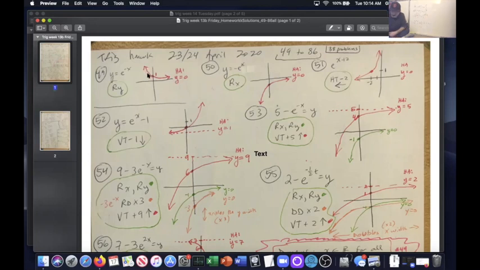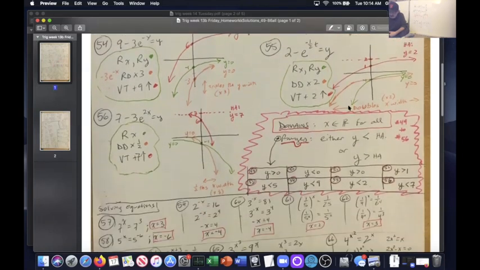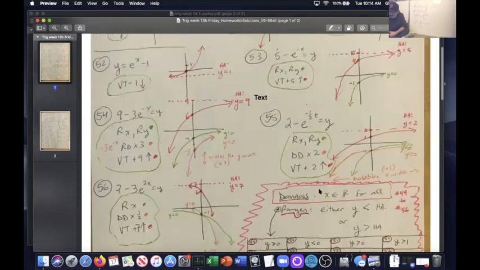So e to the negative x, so when you get e to the negative 10, that's pretty small. It's pretty close to 0. So as you go to the right, this is dropping down close to 0. All right, so the range would be anything greater than 0. I did that down here, range and domains, in case you want to know.